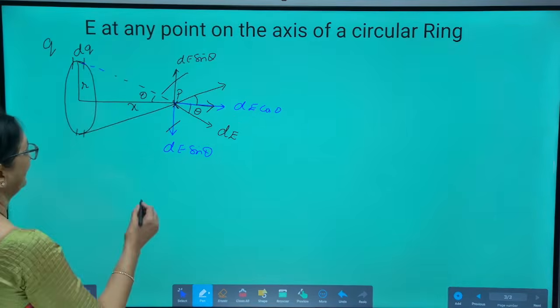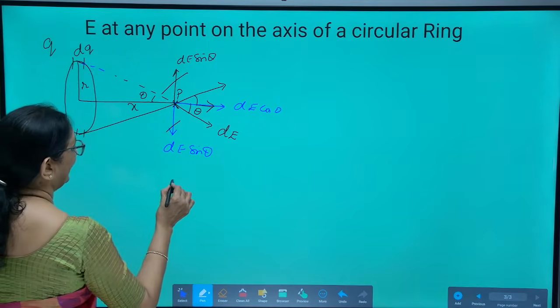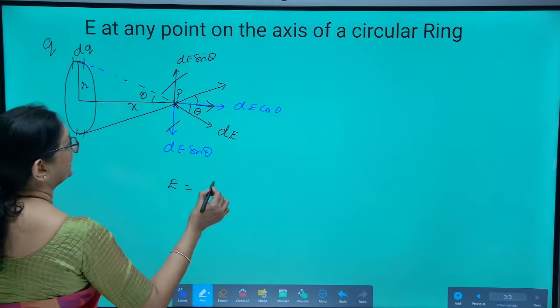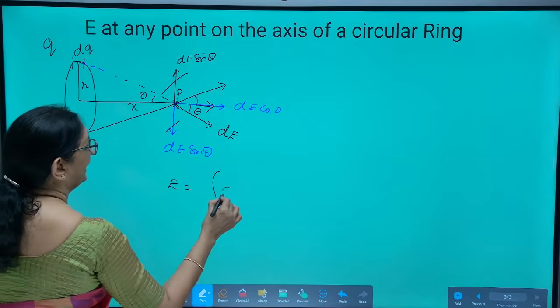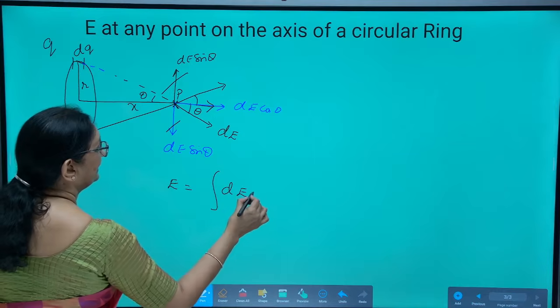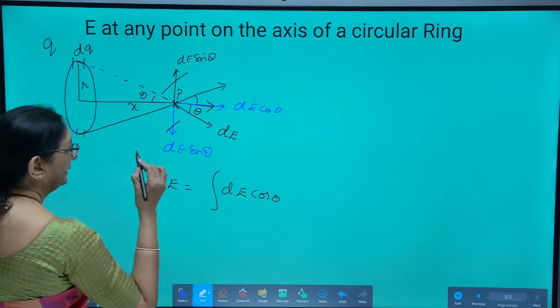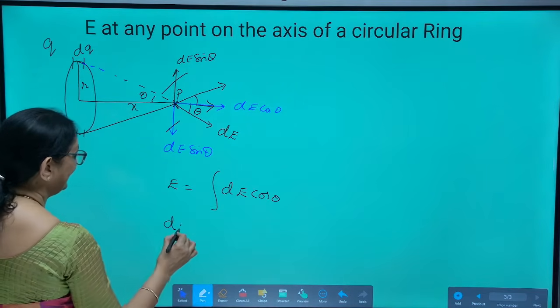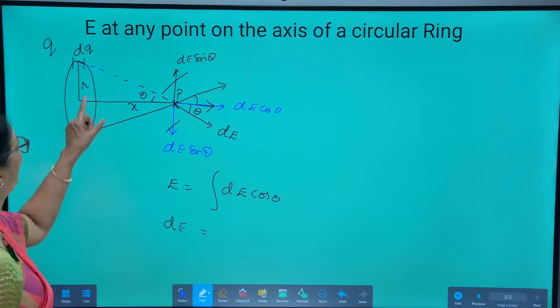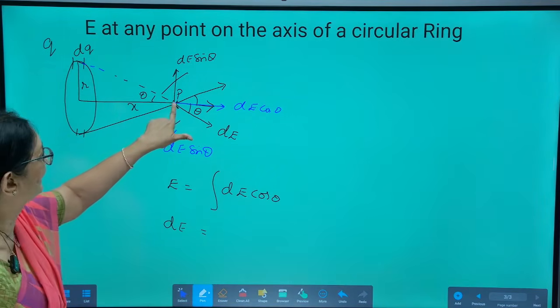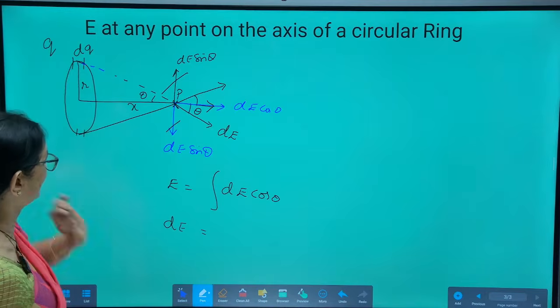Keeping this in mind, we can say the net electric field intensity at that point is equal to integral dE cos theta. Now, what is dE here? This is the electric field intensity created at this point due to this charge.